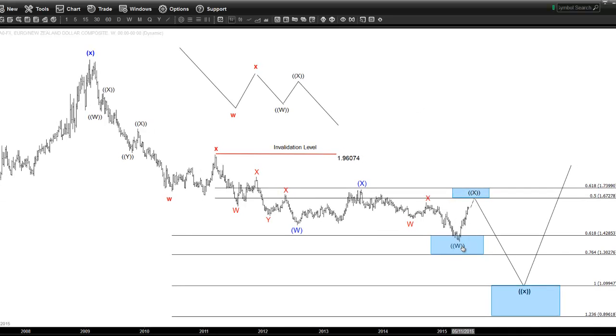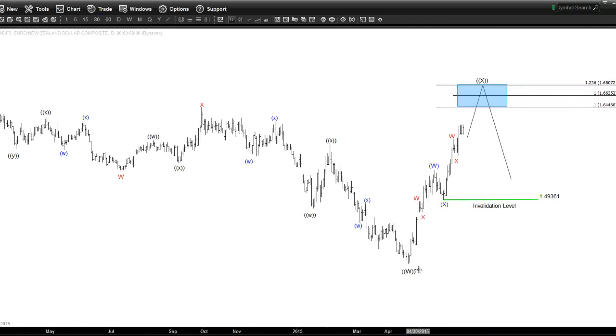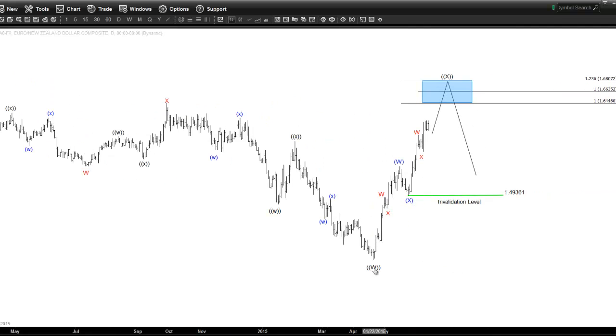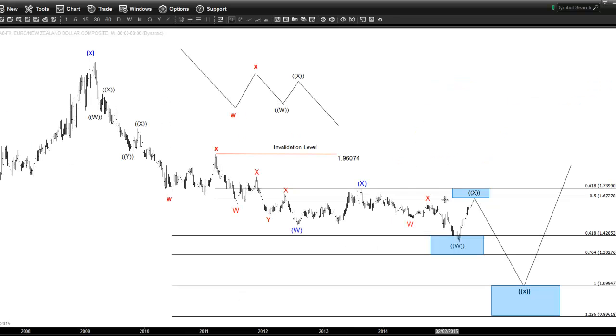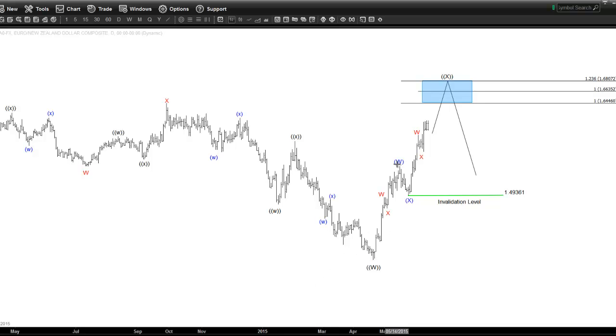Now if we take a look at the daily chart, it starts with the W in black here. If we look at the daily chart of the W in black, we can see that it rallies pretty strongly, as you can see in the weekly, and we can count this also in our WXY structure.